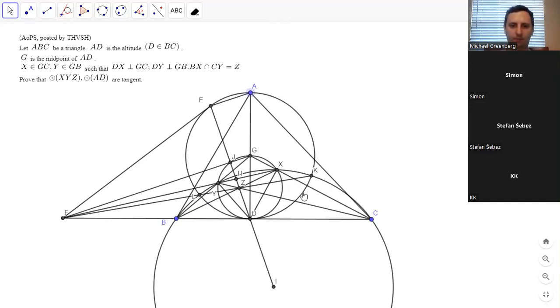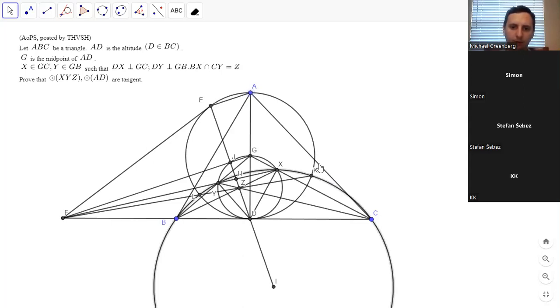Because we want to show that that circle and BYXC are orthogonal. But that is actually obvious because GD squared is equal to GY times GB.